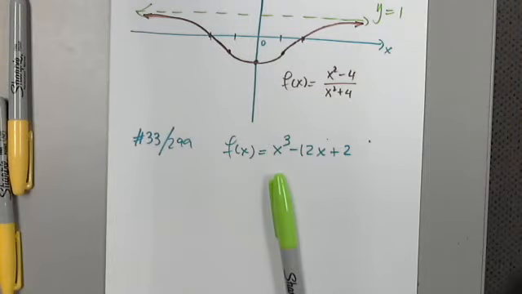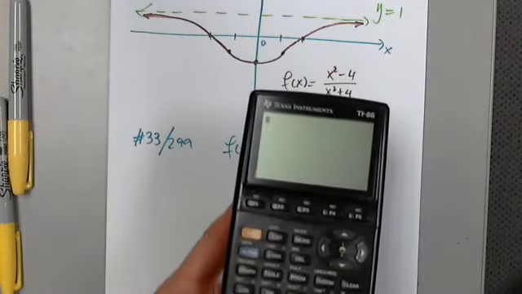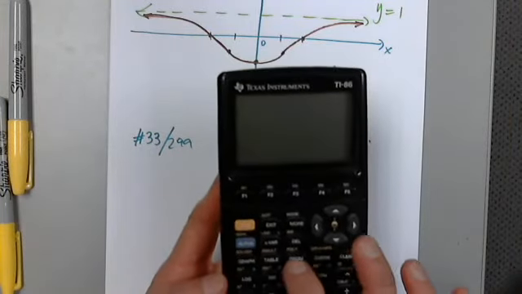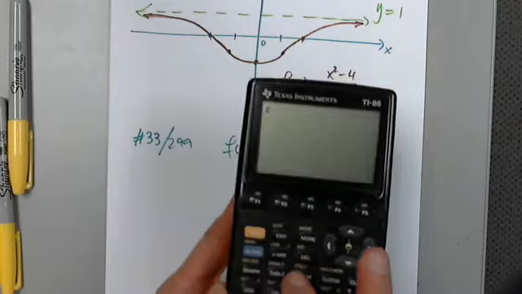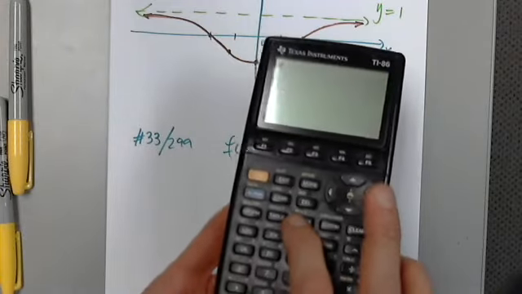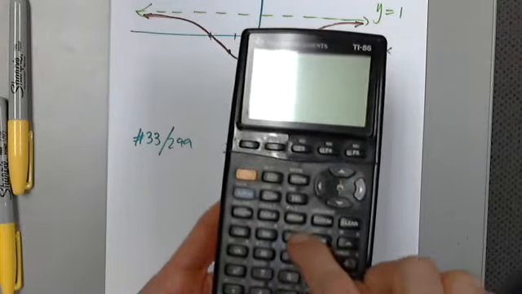I don't know why they stopped producing the TI-86. This is my favorite calculator, and I'll show you why, especially for polynomials. So the TI-86 has a feature called poly.